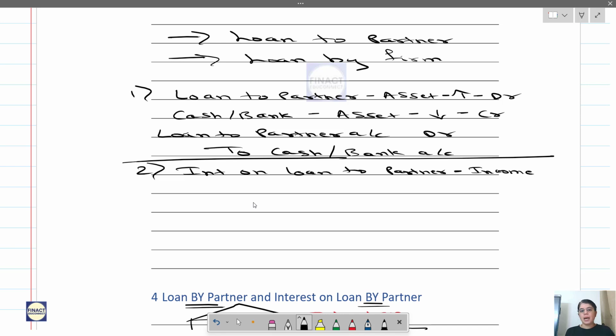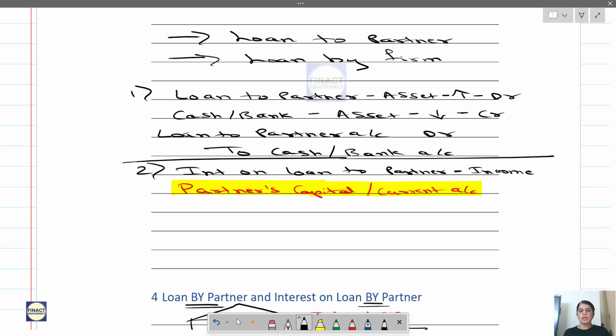Okay, now understand this thing. See, interest on loan has to be recovered from the partner, correct? So what we will do is we will recover it from partner's capital or current account. Okay, this is very important. This is a little different. Okay, so we will recover it from partner's capital or current account.